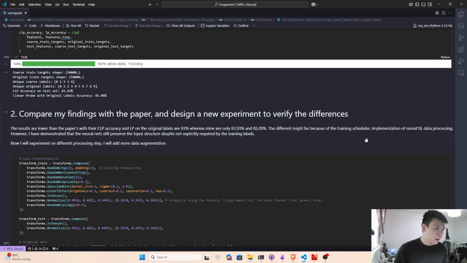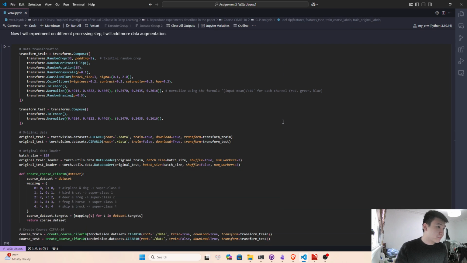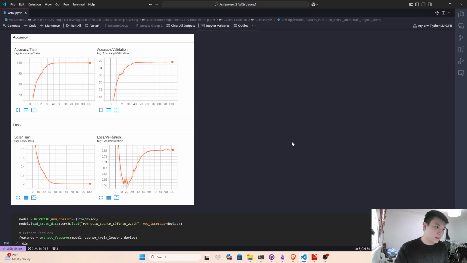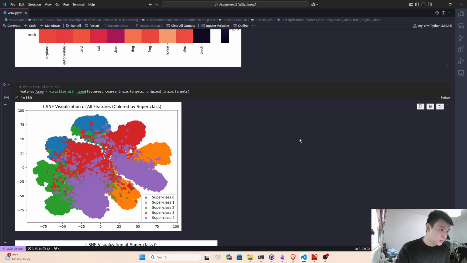But we still demonstrate that the neural net still preserves the input structure despite not being explicitly required by the training labels. And now I will experiment by adding more data augmentations, and this might somehow boost our accuracy into a similar range as the paper.